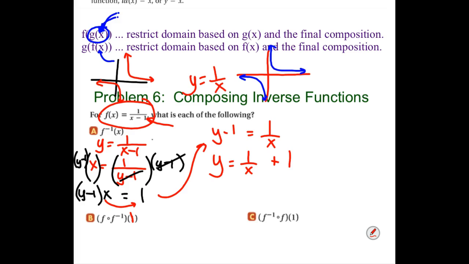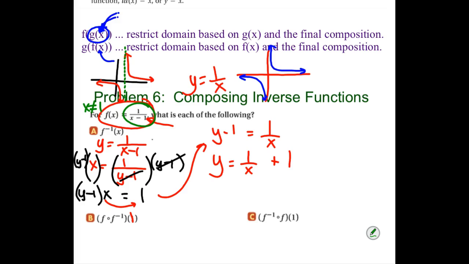What value for x do I have to restrict in my domain for this? X can't be a 1, right? If I put a 1 in there, the denominator becomes 0, and I'm not allowed to divide by 0. So my domain restriction here is x can't be a 1. And what that is in my graph is something called a vertical asymptote. We're going to be talking more about those after in Chapter 8.